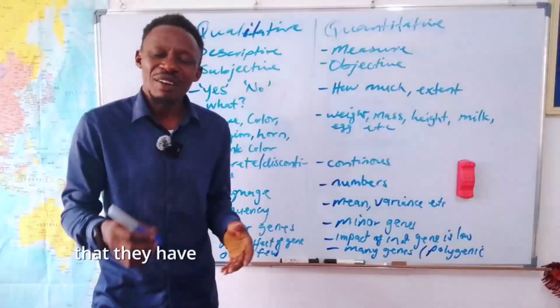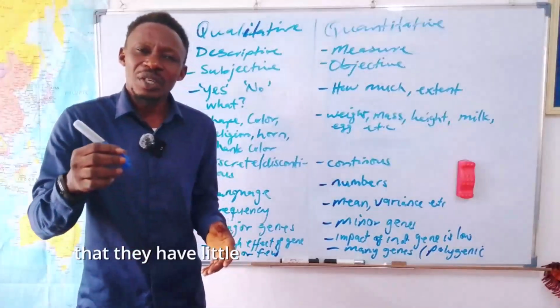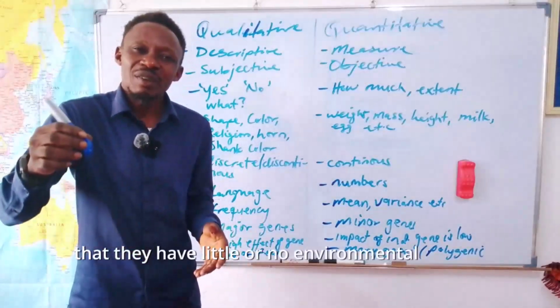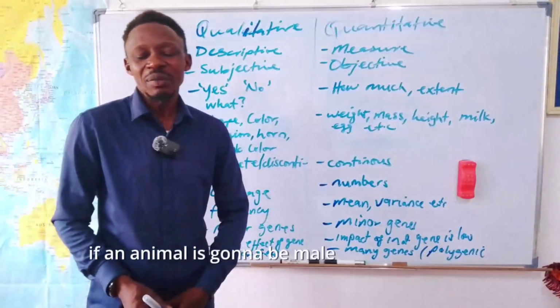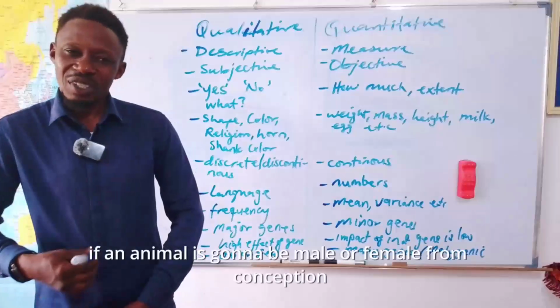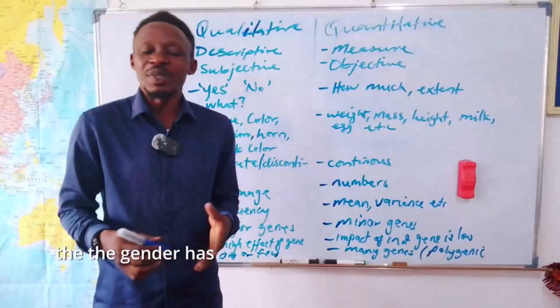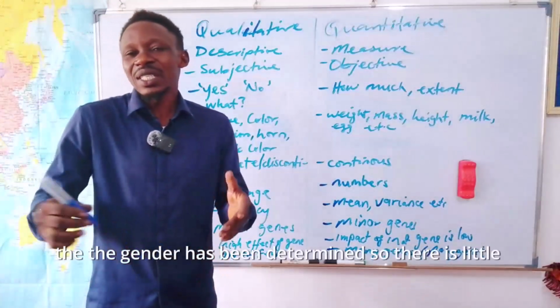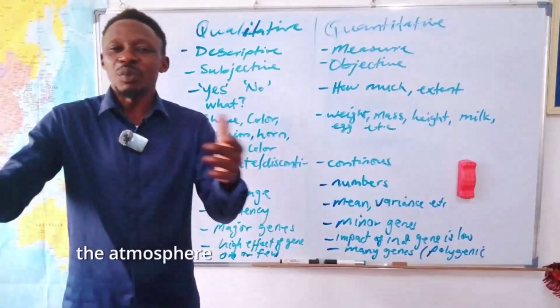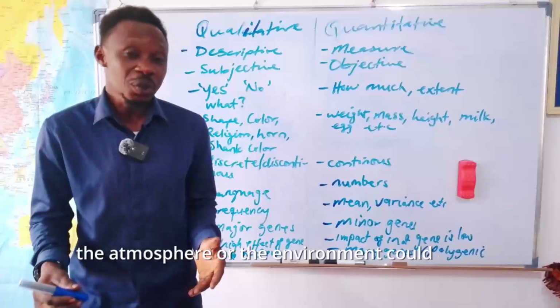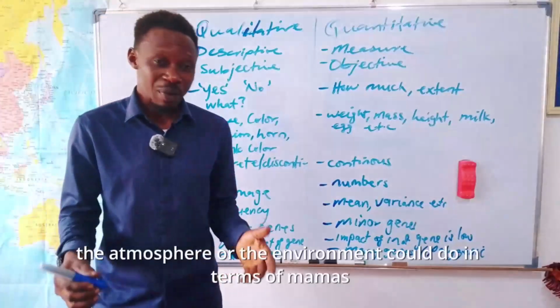You know that they have little or no environmental factors affecting them. If an animal is going to be male or female, from conception, this gender has been determined. So there is little or nothing the atmosphere or the environment could do in terms of mammals.